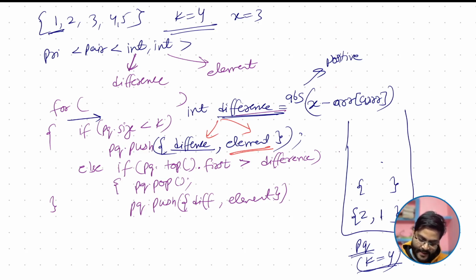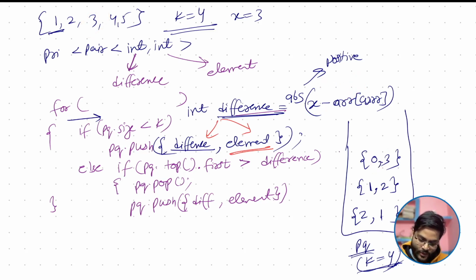Next time x is 3, array element is 2, so 3 minus 2 is 1. The difference will be 1, and we'll put the element 2 also. Now next time, it is still smaller than 4, so 3 minus the current element 3, the difference will be 0 and the element is 3, so I will put 0 comma 3.